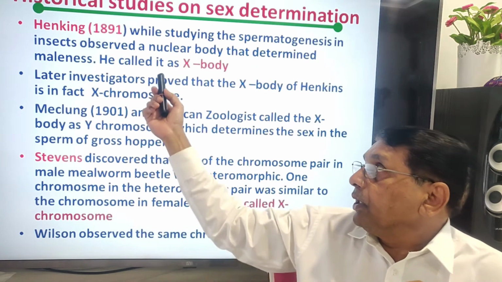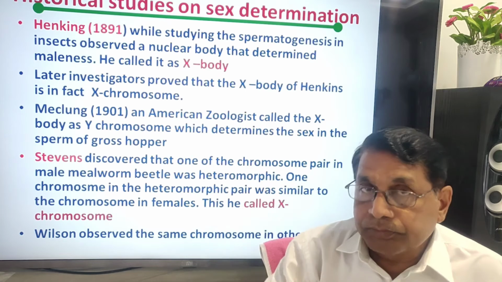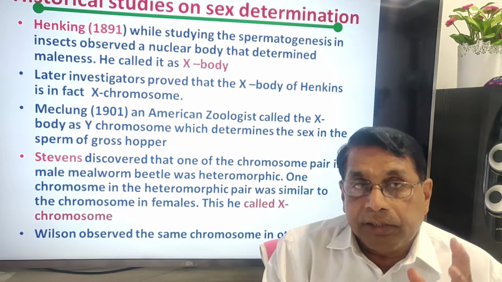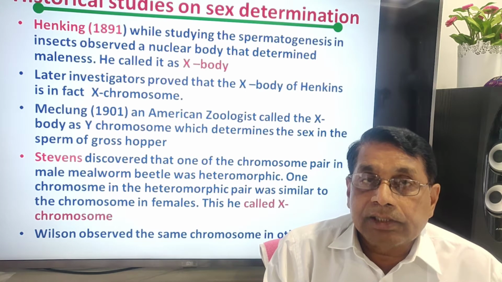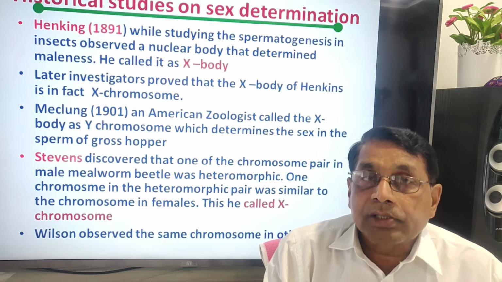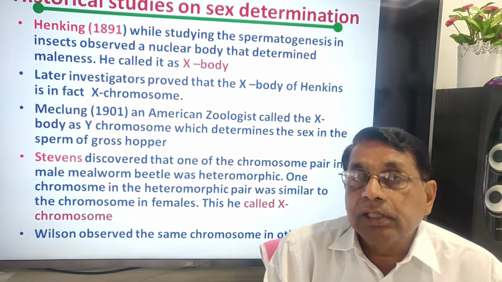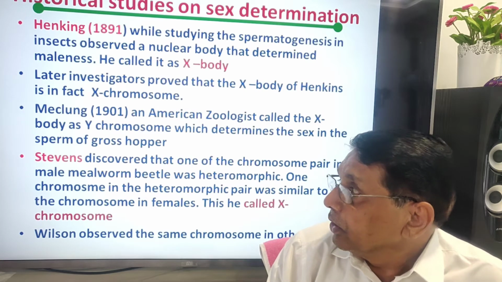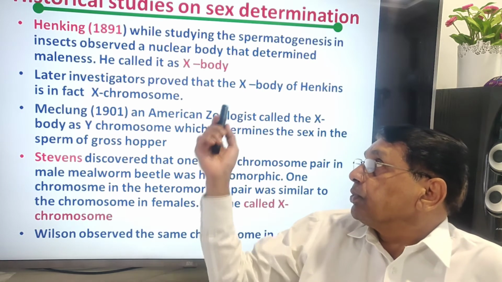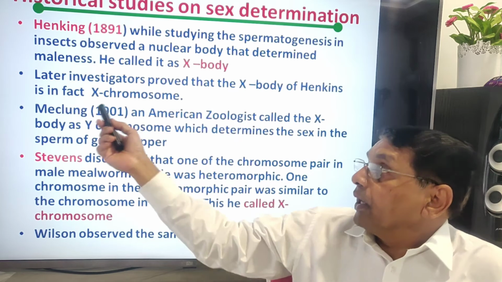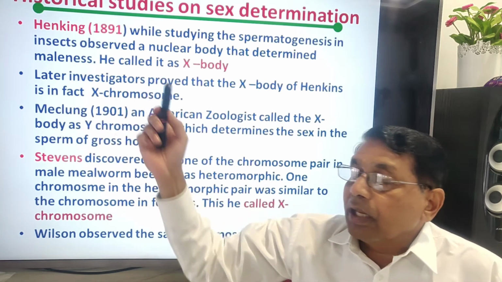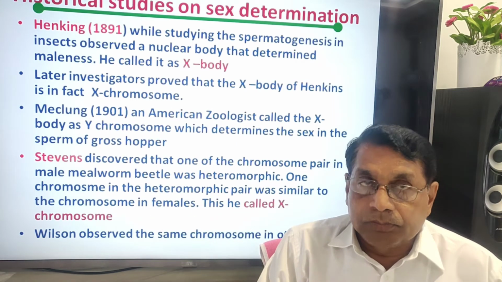He named it the X body and said that the X body determines the maleness. If the X body is absent, then it is female. Later investigators proved that the X body of Hanking is in fact the X chromosome.